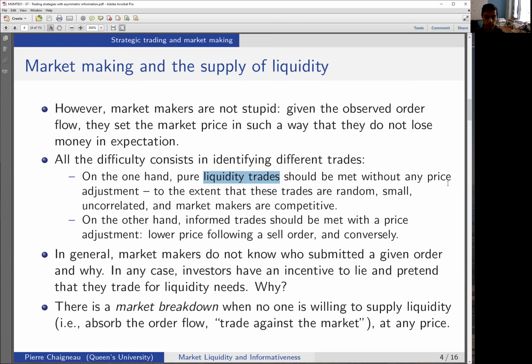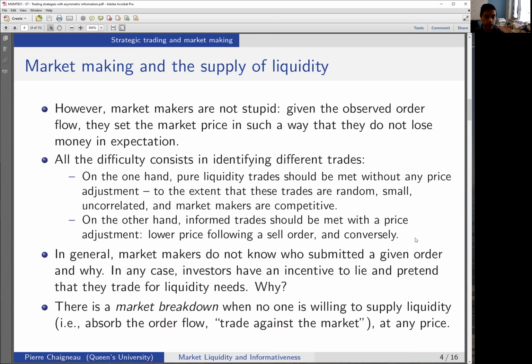Because again, they don't carry any information, so they should not affect market prices. On the other hand, there are some trades that should be met with a price adjustment, and these are informed trades because they are based on superior information about the value of the asset. So for example, when investors are selling, it suggests that the asset price should be lower, okay?